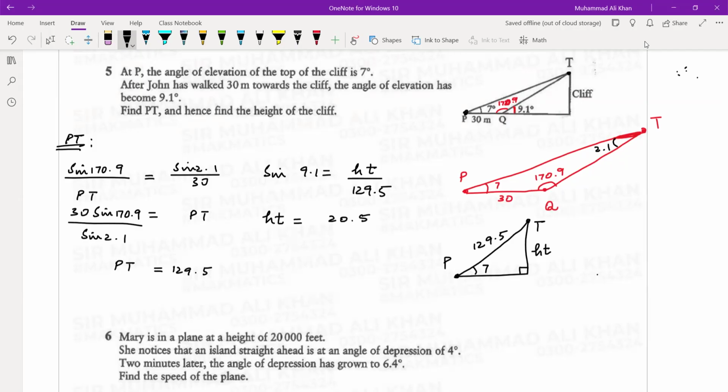Here, 7 degrees has to be used. So use 7 here. And now, what is the result? 15.7. The result is 15.7. This is the height of the cliff. Are you clear? That's it.